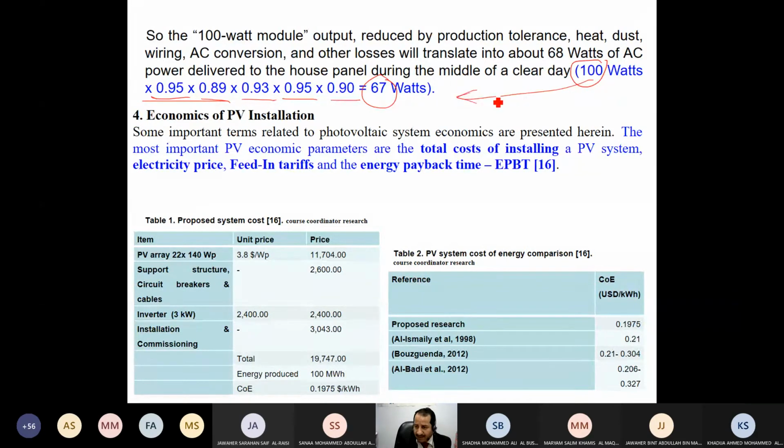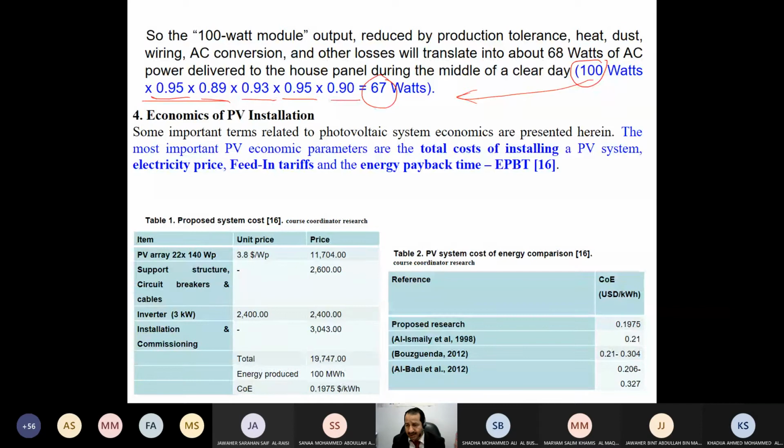Loss is expected to be high for many reasons. Now this number could be improved, increased or decreased based on these parameters, based on the losses we have, which differ from location to location, technology to technology.